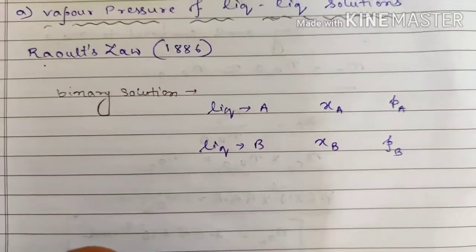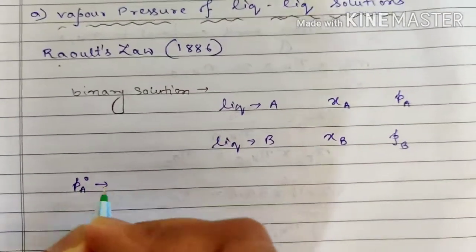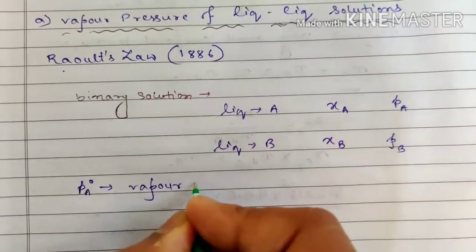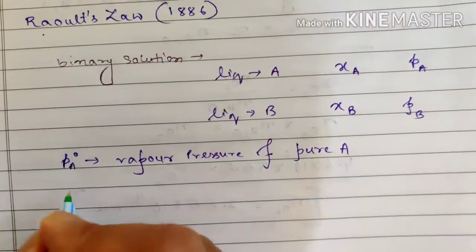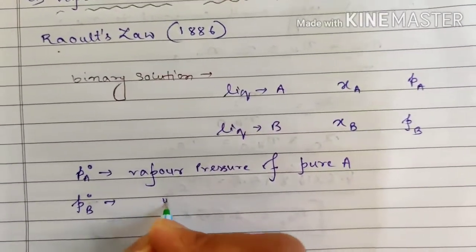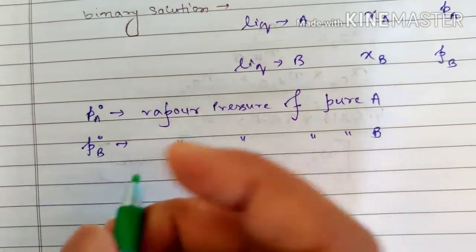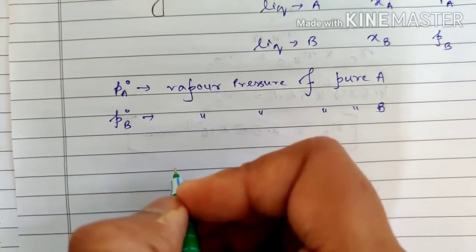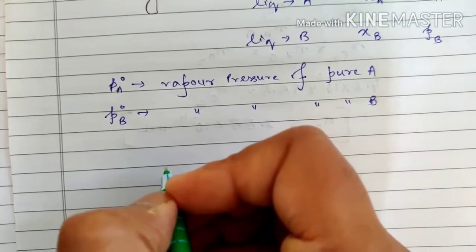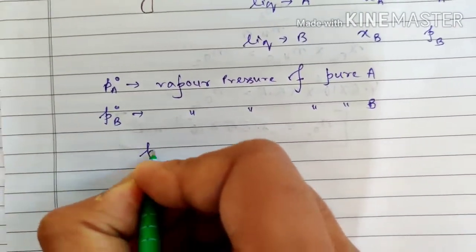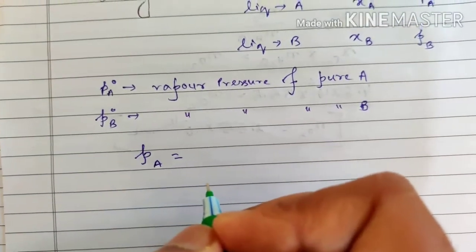Now as per Raoult's law, here we can write PA0, that is the vapor pressure of pure A, and similarly PB0 is the vapor pressure of pure B. Let me repeat this law once again: at a given temperature for a solution of volatile liquids, the partial vapor pressure of each component is equal to the product of the vapor pressure of the pure component and its mole fraction.